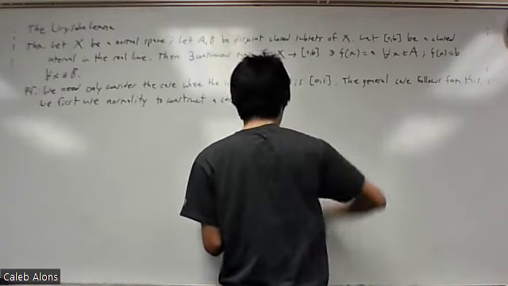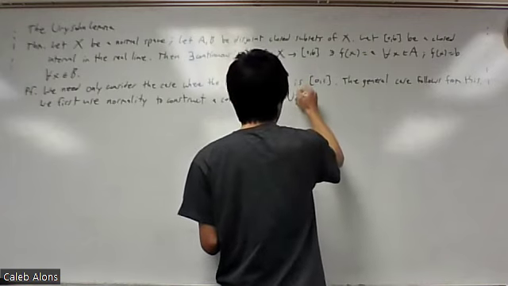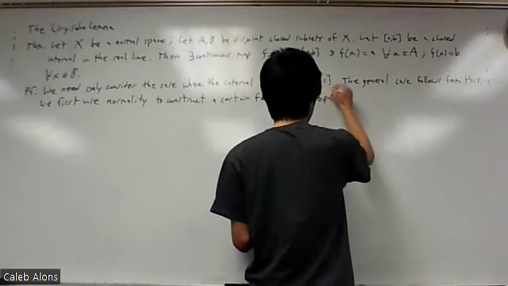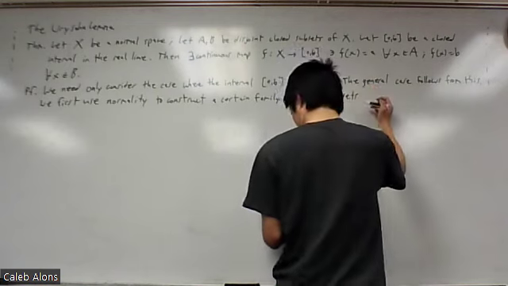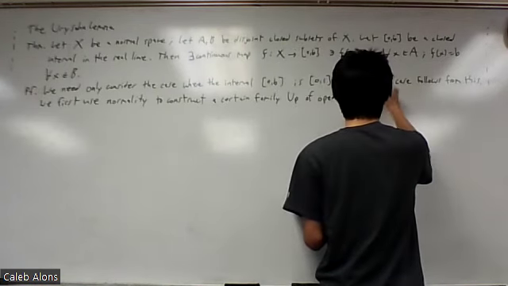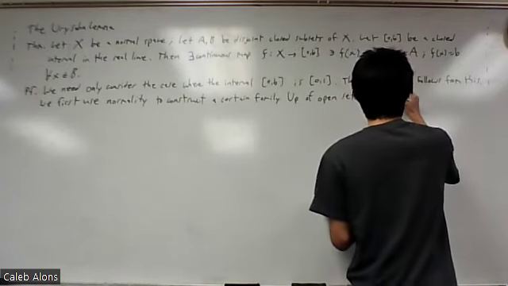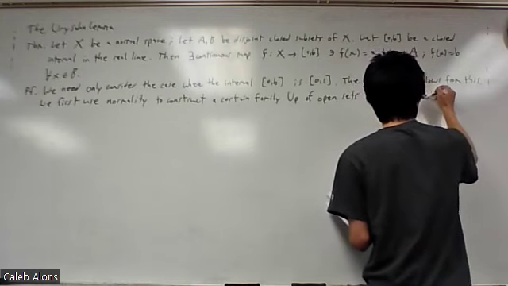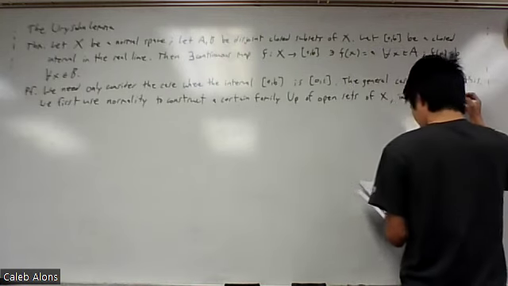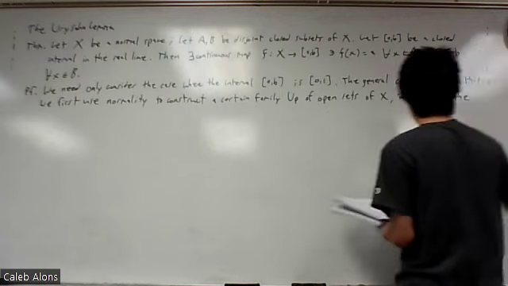We're going to call them U sub p, open sets of X, indexed by the rational numbers.